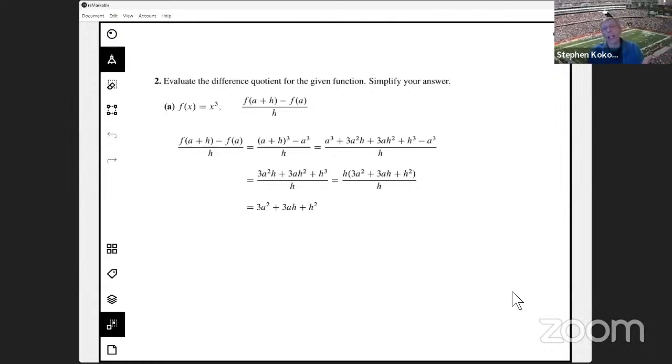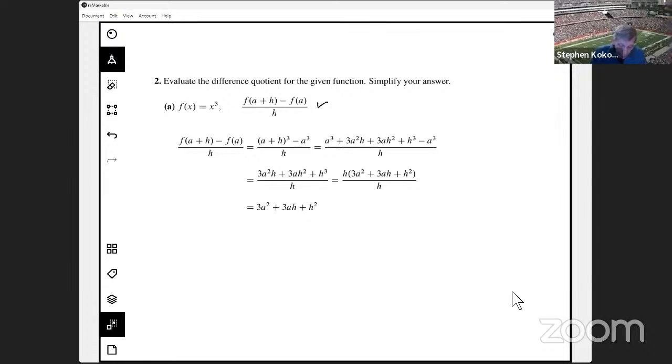So let's take a look at a couple of common types of problems that I think give my students some good problem-solving techniques. So let's look at f of x equal x cubed. And all I want to do here is to take a look at this difference quotient and try to simplify that as much as possible.